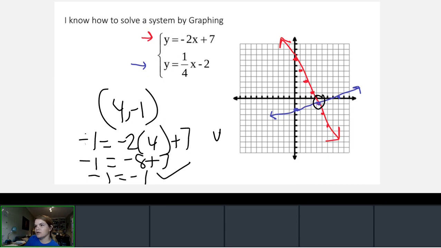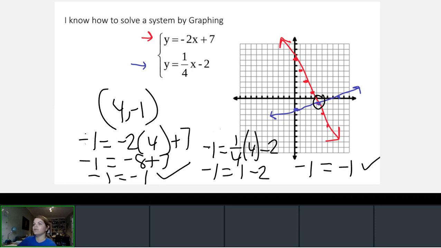And over here, I would get -1 equals 1/4 times 4 minus 2. 1/4 times 4 is just 1. So 1 minus 2. And again, we get -1 equals -1. So that means our solution was correct.